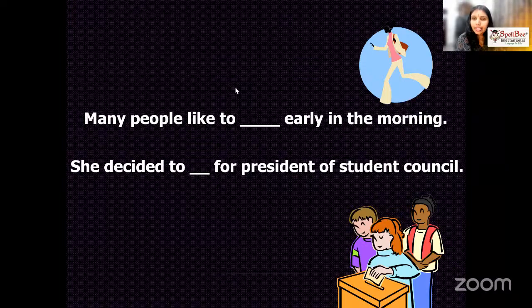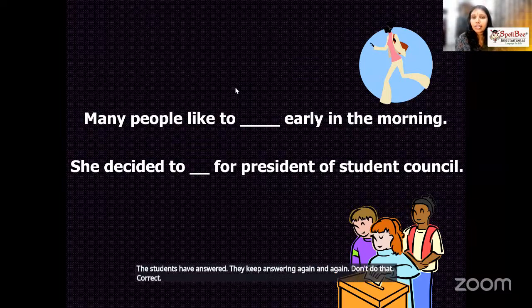Kevin, correct. How can wake? Please think, please think. Delina, correct. Jog, rise, wake, all these words are wrong. Work, stand, all of these words are wrong. The students who have answered, they keep answering again and again. Don't do that. Pranshu, correct.